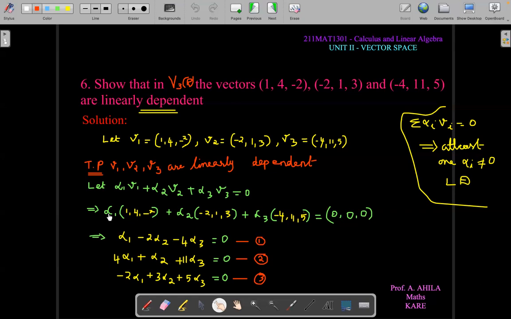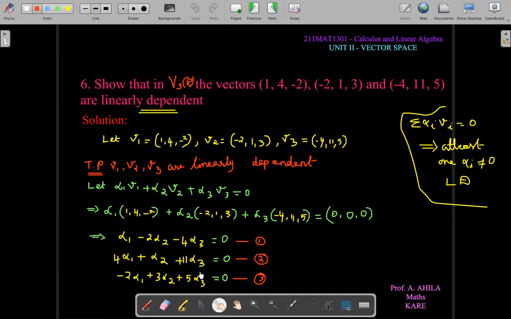First elements: alpha 1 minus 2 alpha 2 minus 4 alpha 3 equals 0. Second elements: 4 alpha 1 plus alpha 2 plus 11 alpha 3 equals 0. Third elements: minus 2 alpha 1 plus 3 alpha 2 plus 5 alpha 3 equals 0.